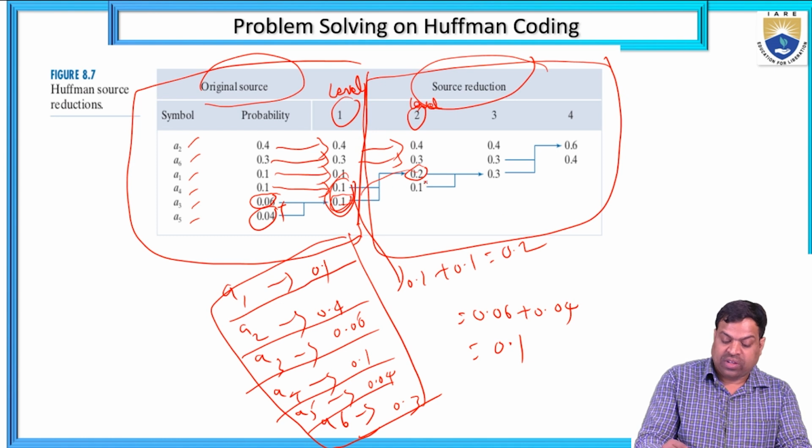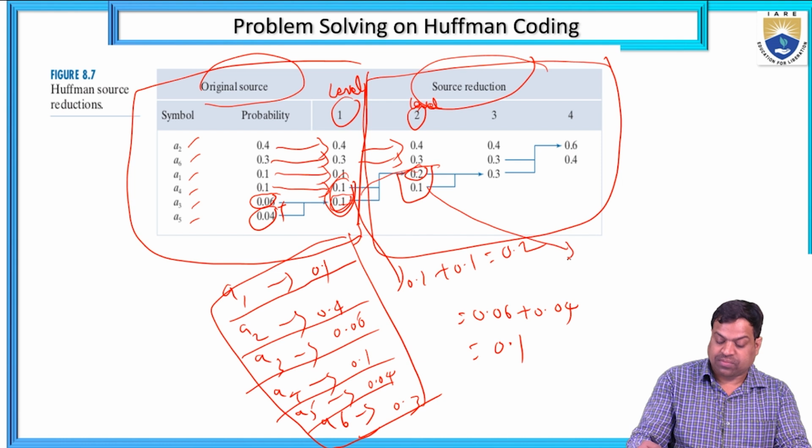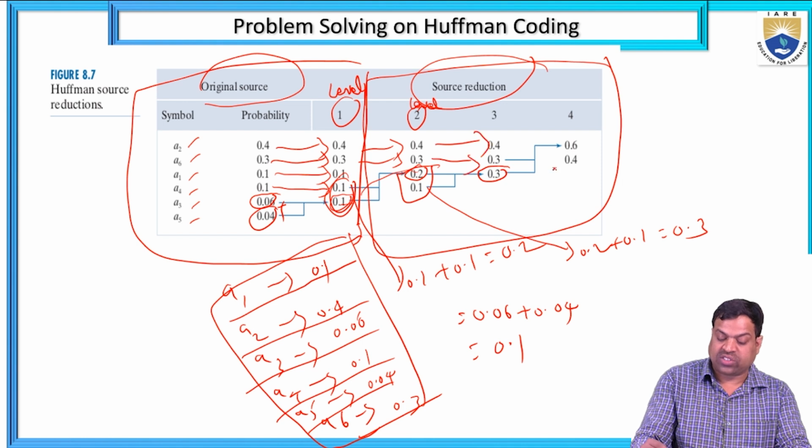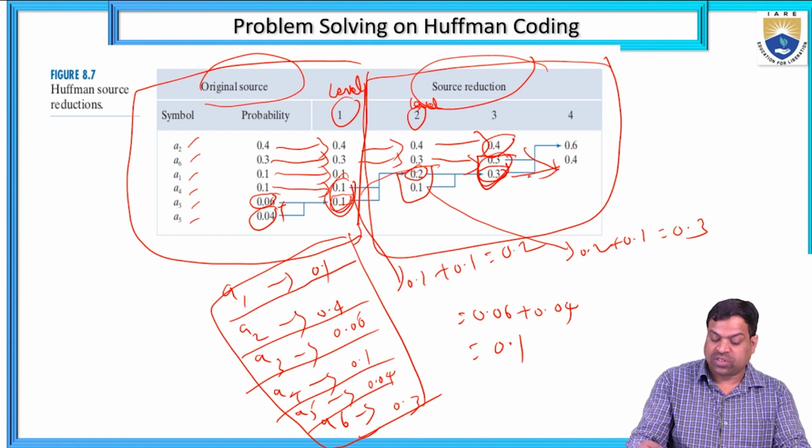Next, level 3: 0.2 plus 0.1. How much? 0.3. So it is 0.3, and the other is as it is. Next, the 0.4 is the least one along with this one. So 0.3 plus 0.3 is equal to 0.6.